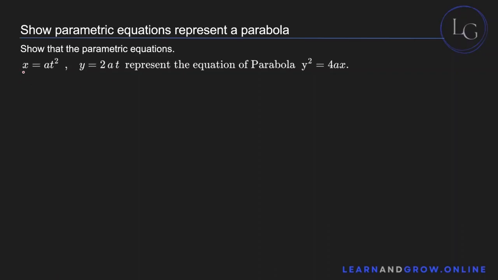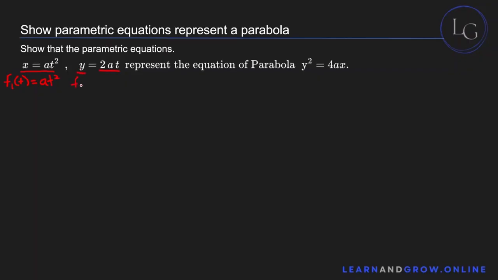It says that x is equal to at squared. What that basically means is that x is a function of t, right? So in this case, f1 of t, the first function of t, is equal to at squared. And the second, y is equal to 2at.